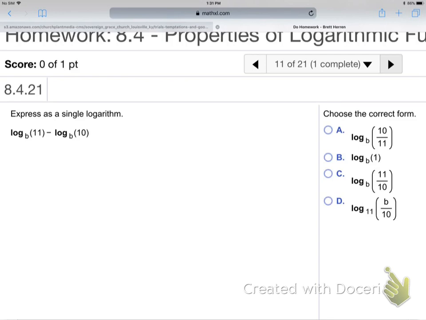All right, so subtraction between 2 logs is an easy operation for 2 logs, a little bit harder for 1 log, dividing, right? Dividing is a higher level operation for 1 log. So it's answer C, isn't it? We good?